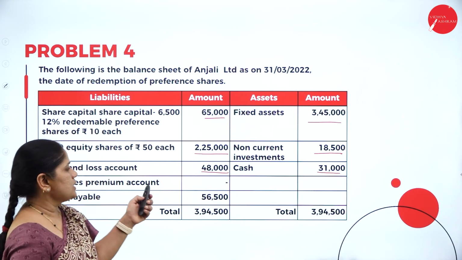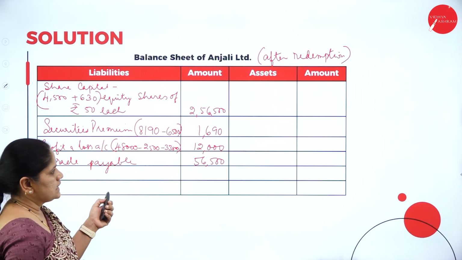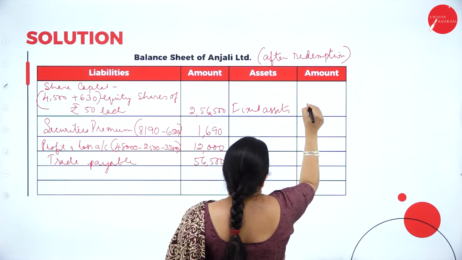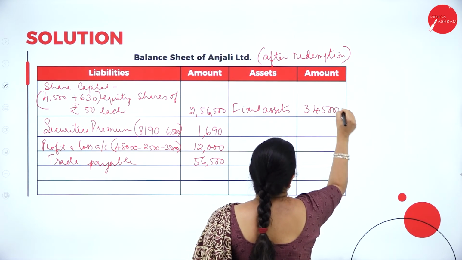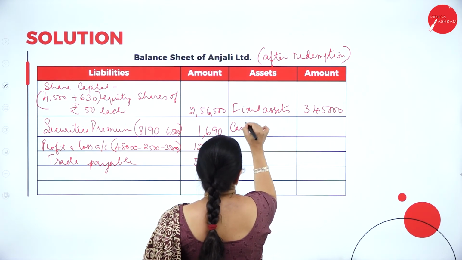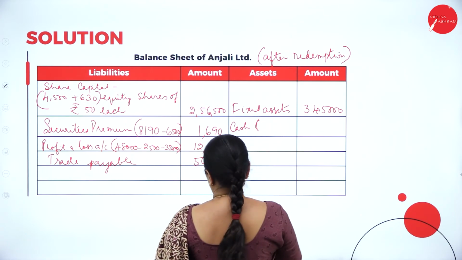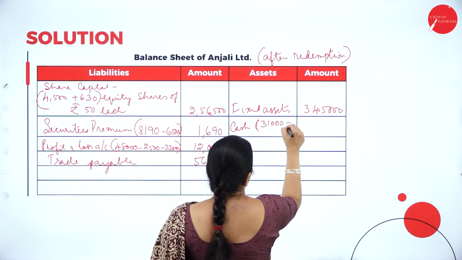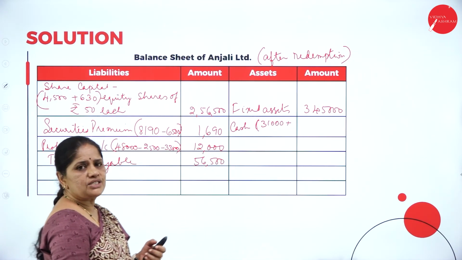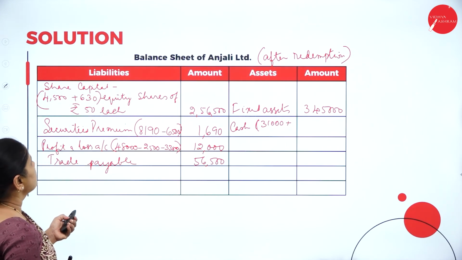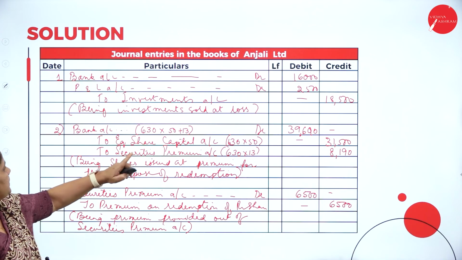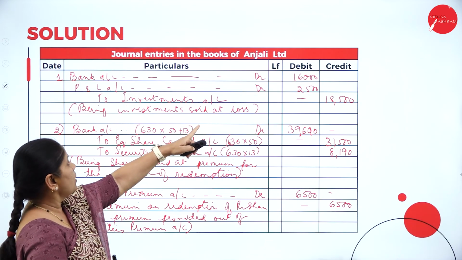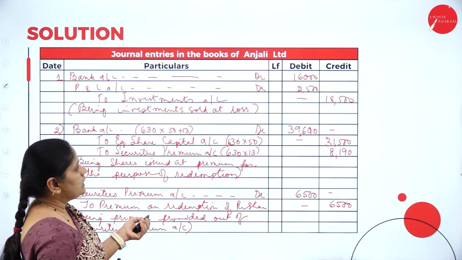So I write fixed assets 3,40,000, plus 5,000 making it 3,45,000. Then cash. What is the cash balance available? 31,000 plus, from the fresh issue of equity shares, 39,690. They have also got from the investment 16,000. We have to add all this.